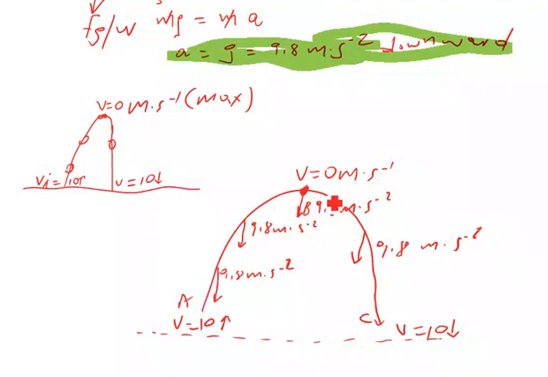Okay, now what can be asked here is to calculate the time it takes to reach the maximum point, or the time it takes to reach position C, that is to come back to the thrower's hand.